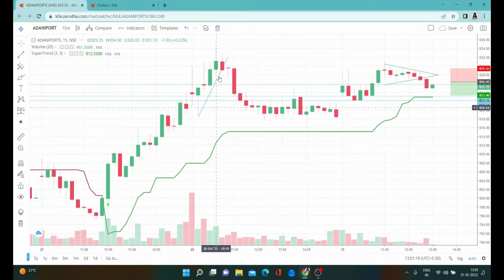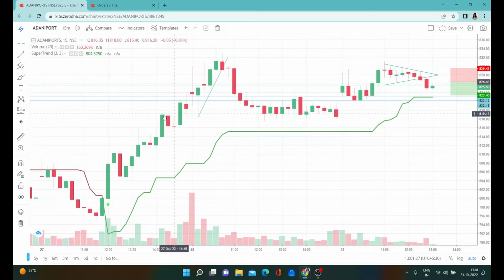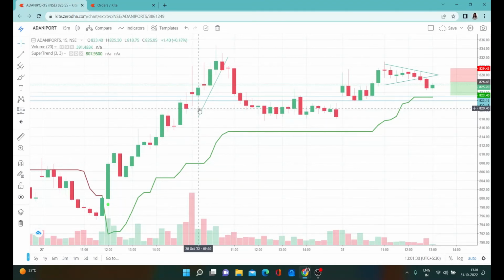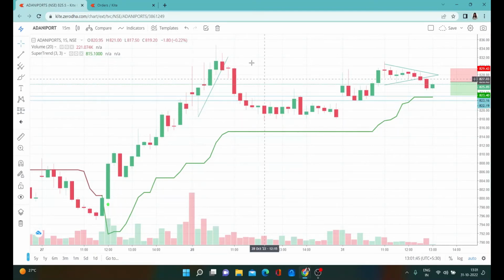So when you are trying to take a short position from here, it's better to place it over here, just above these 2 candles, and above the wick of this candle, so your level would be 820.4. That should be good.